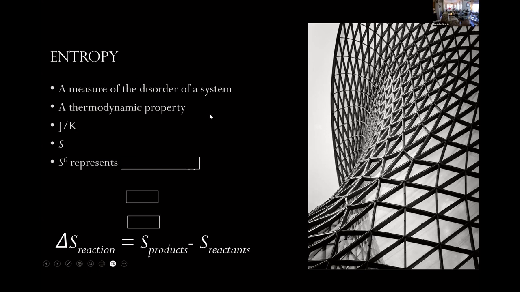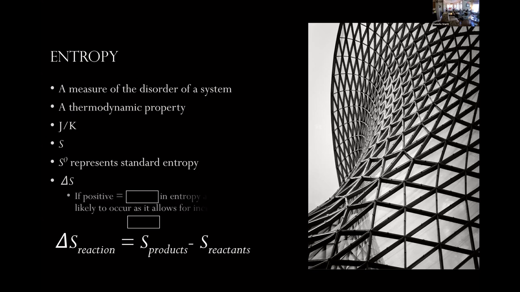And what does S with a 0 superscript mean? So that's your standard entropy, okay? And that would be what delta S would be. Jordan, change in entropy. Yeah, there you go.